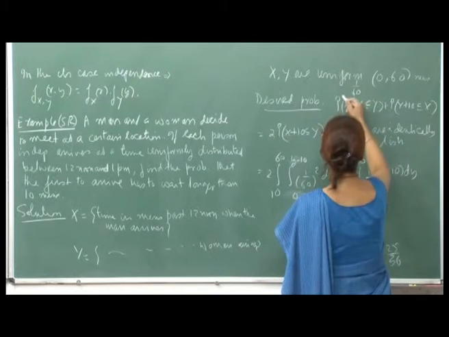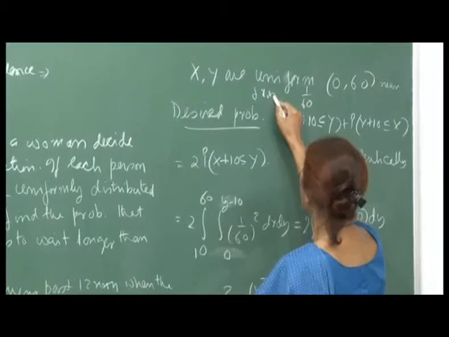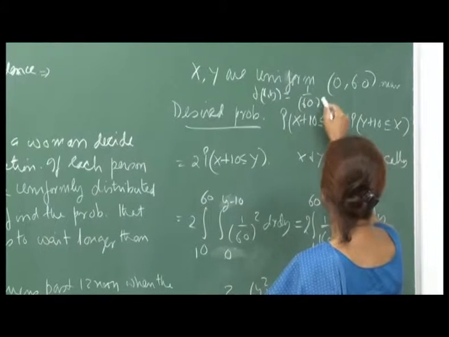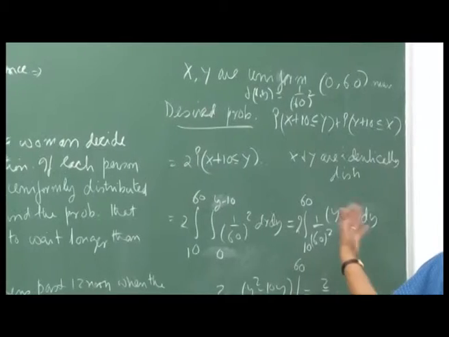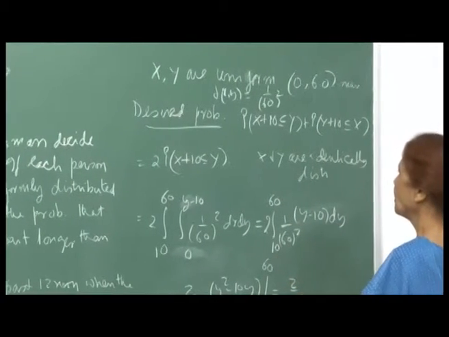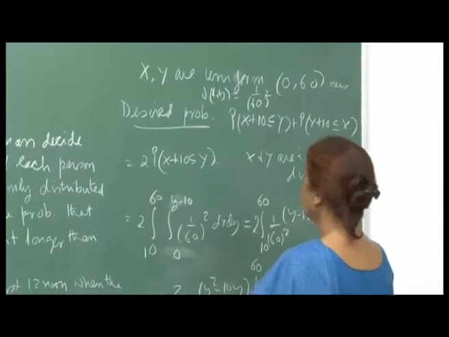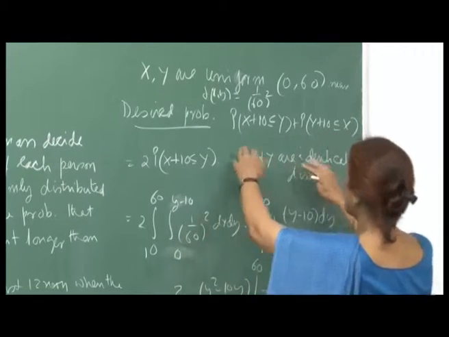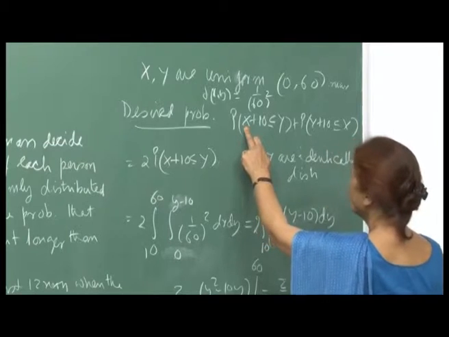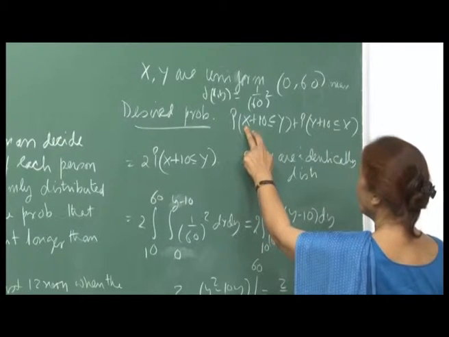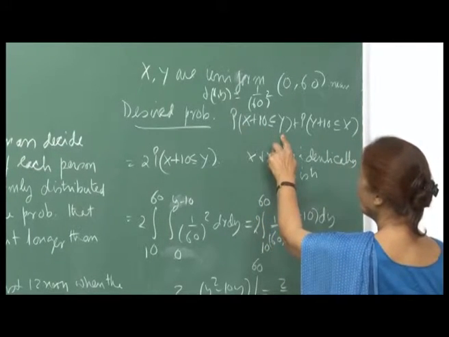So, when you take the joint PDF, that will be 1 by 60 square, right, and we will say that x and y vary between 0 and 60. Okay. So, the probability that you are asking for, x is the time for the man to arrive. So, if the man arrives first, then x plus 10 should be less than or equal to y.